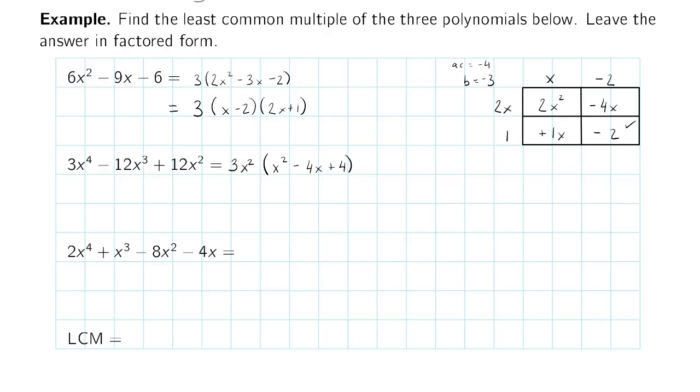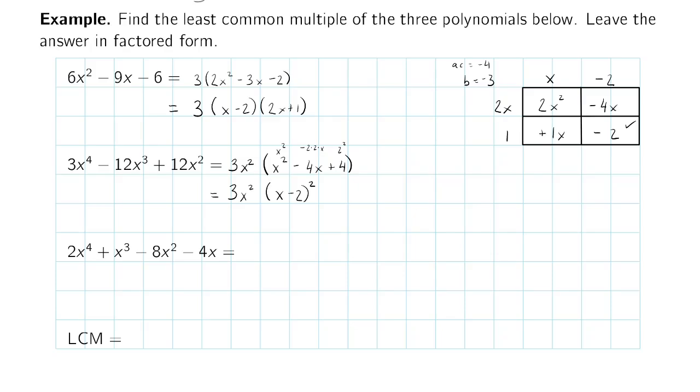Oh, hey, I recognize that. That's a perfect square. That's x minus 2 all squared, right? x squared, 2 squared, negative 2 times x. So I'll have 3x squared times x minus 2 squared.